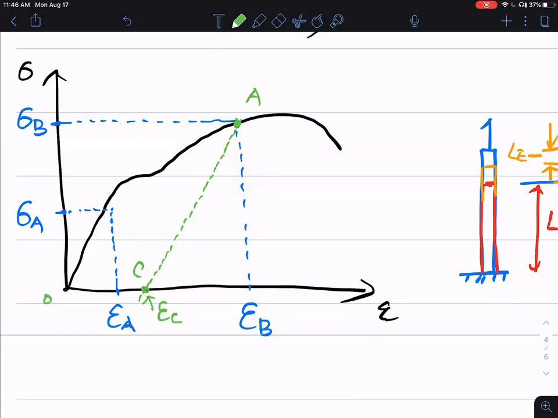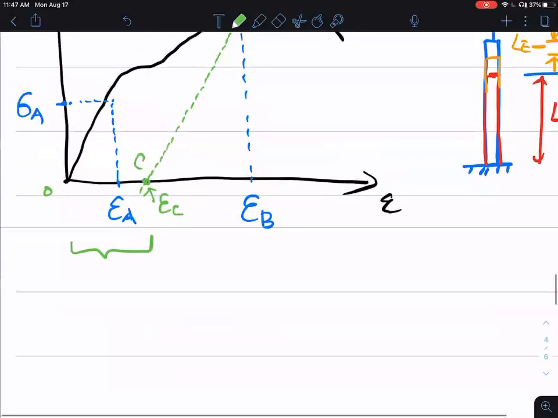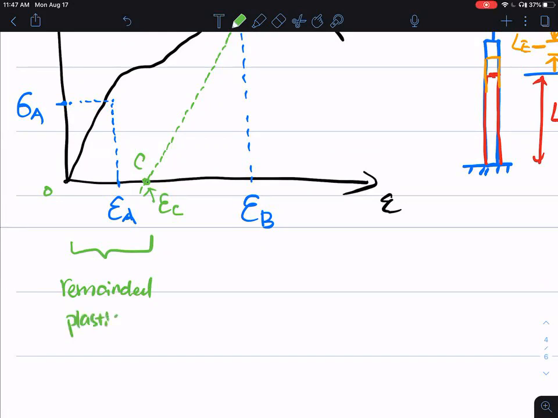So from 0 to C, that's the plastic deformation caused by this load. This is what remains. Plastic deformation.